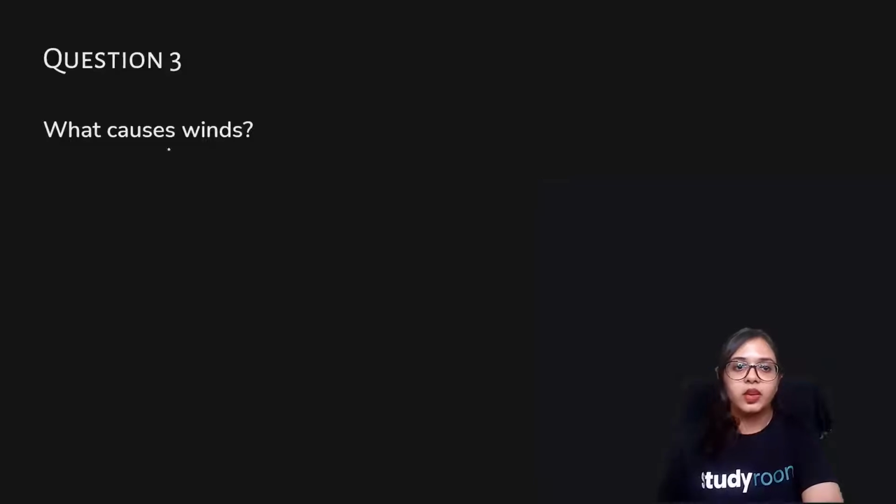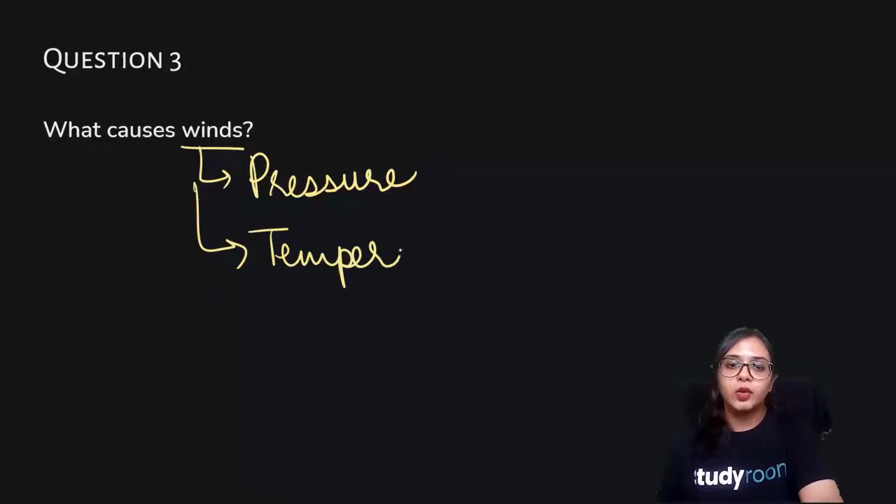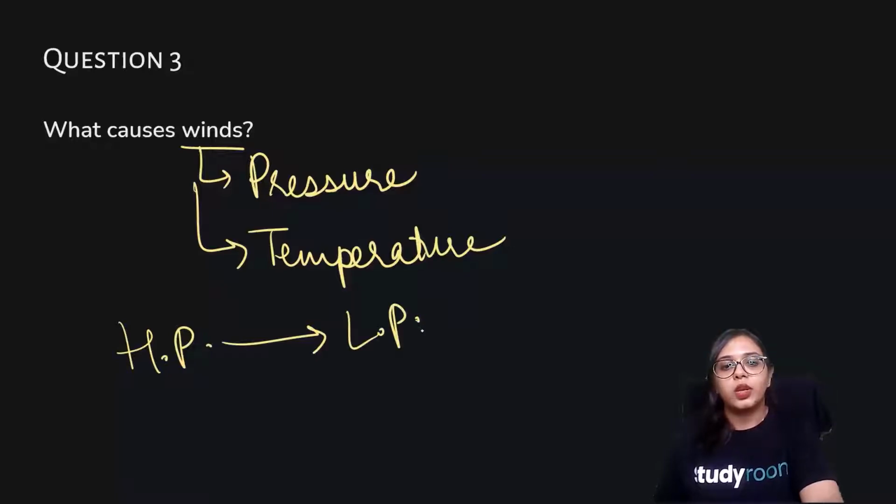What causes winds? We know that movement of air is known as wind, and the two important determinants of wind are air pressure and temperature. So air always moves from an area of high pressure to low pressure. All right, and we know that air present in the low pressure area is warm air.